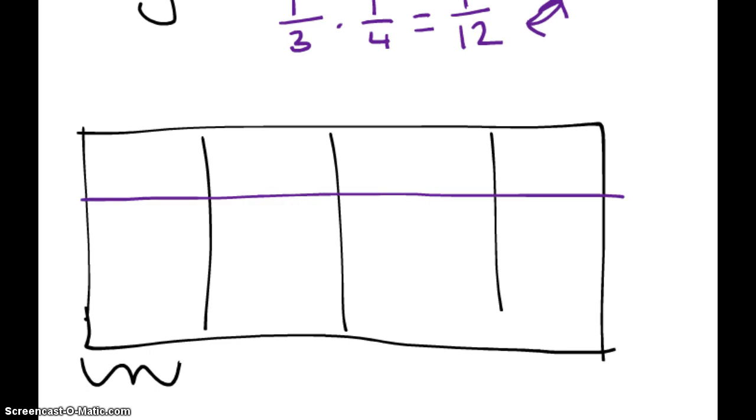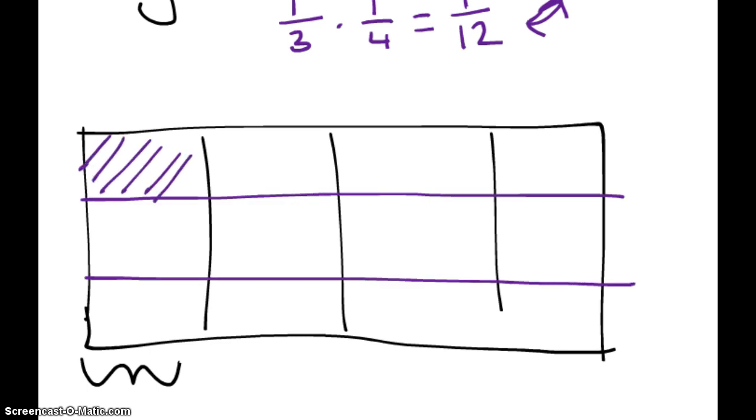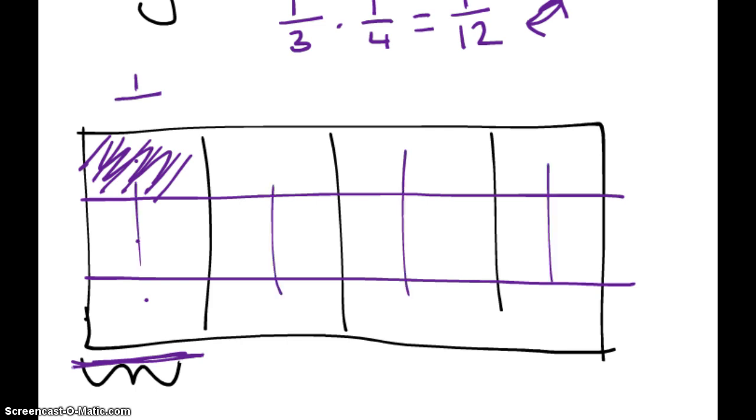Alright, so what if you split it into thirds this way? Well, you know that if this is what Josh collected, Leslie collected 1 out of those 1, 2, 3 pieces, and that is still 1 out of 3, 6, 9, 12, 1/12. So maybe you drew your picture that way.